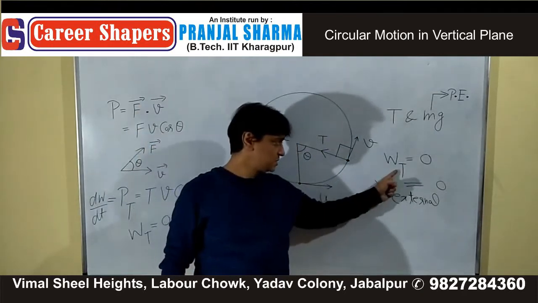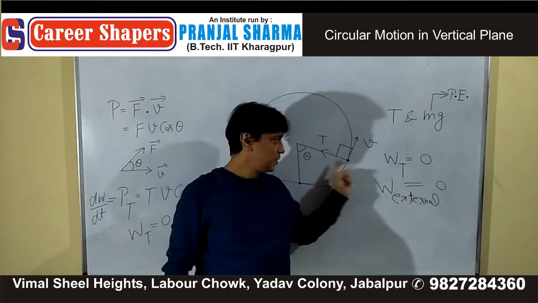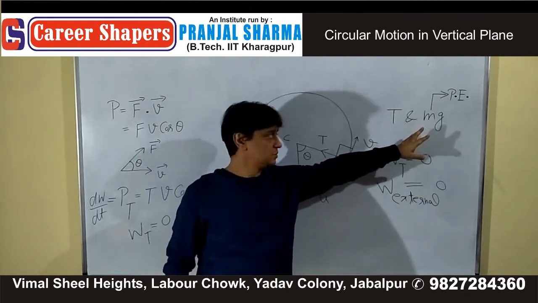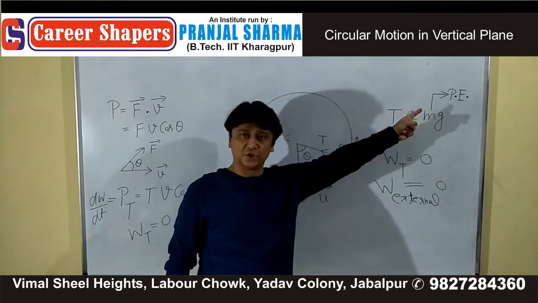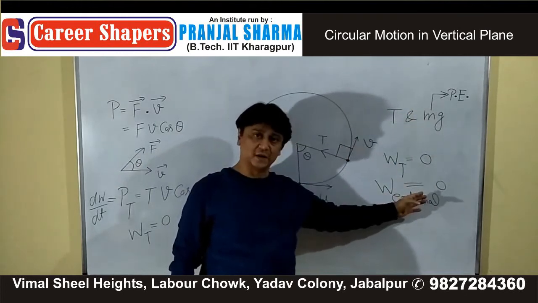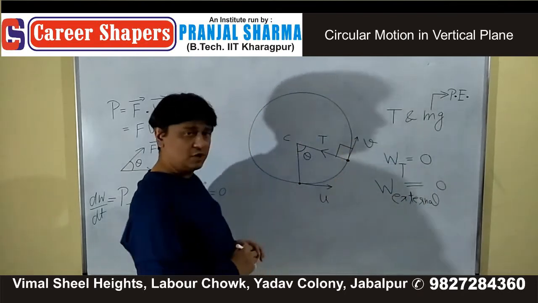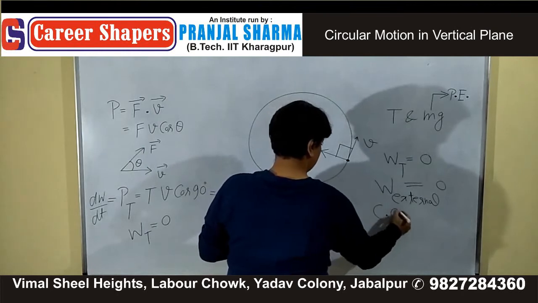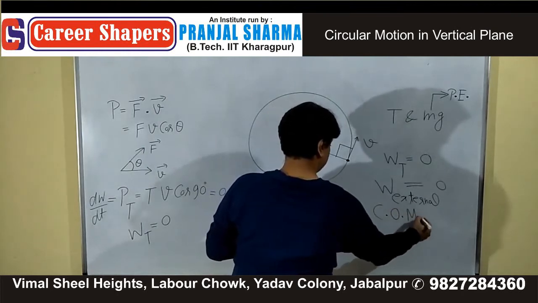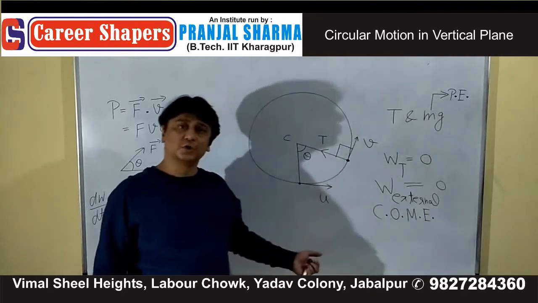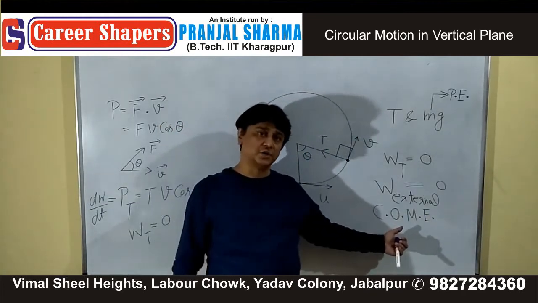Externally, force is present, T, but it's doing no work. Mg is an internal force because we are using its potential energy function, and therefore there is no external work being done. And if no external work is done, we go for COME, which is conservation of mechanical energy.